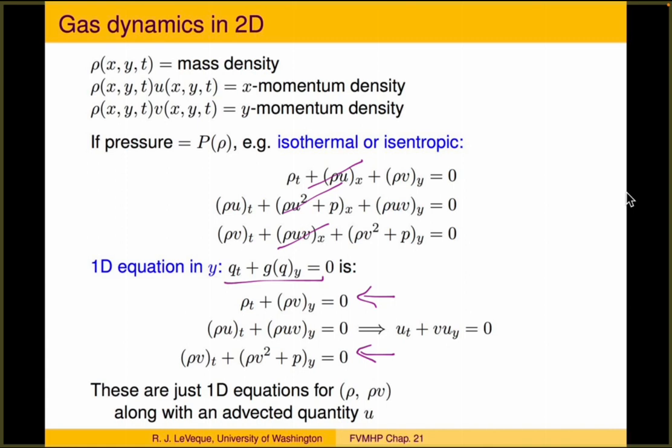It's just with v instead of u and y instead of x. And then it's now the middle equation that represents an advection equation for any shear velocity in the u direction that gets advected with this vertical velocity v. So exactly the same Riemann solver can be used as for the other case. We just have to switch which component of the velocity we're working with as the one that comes into the 1D solver and which one is simply advected with the flow.